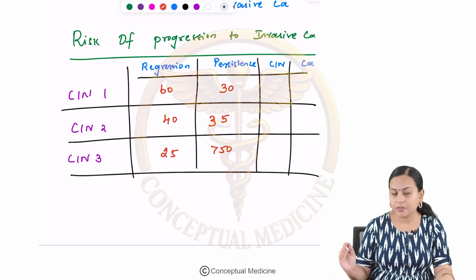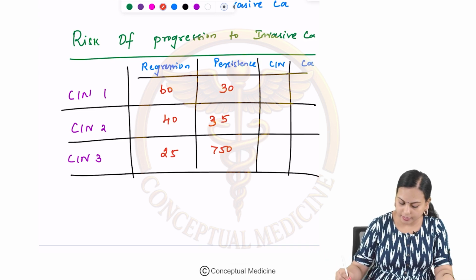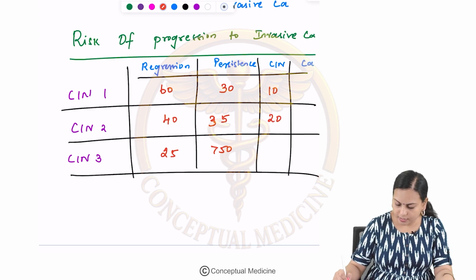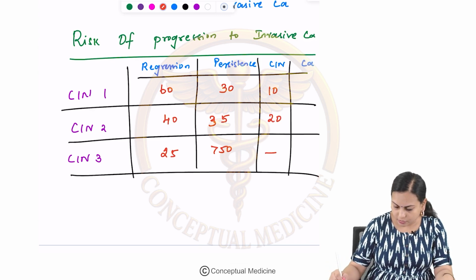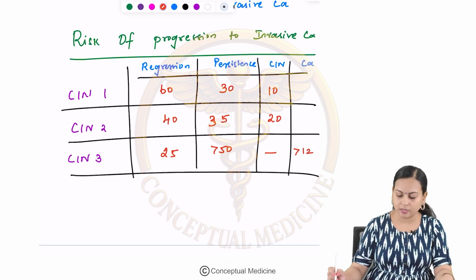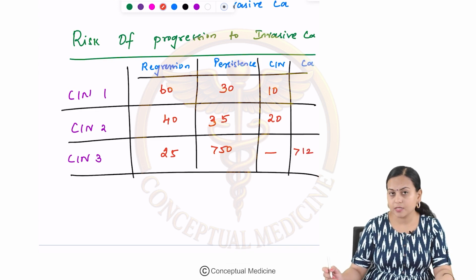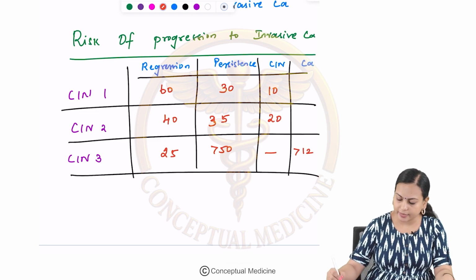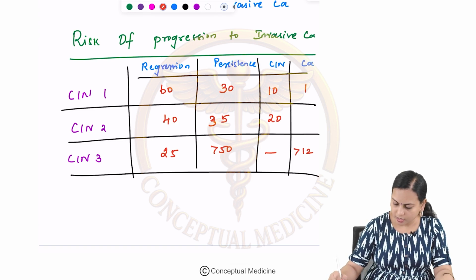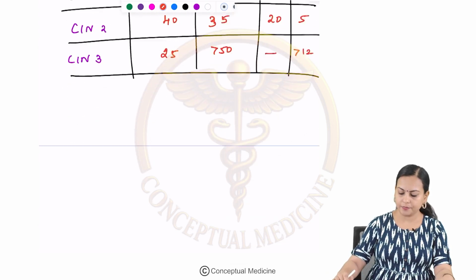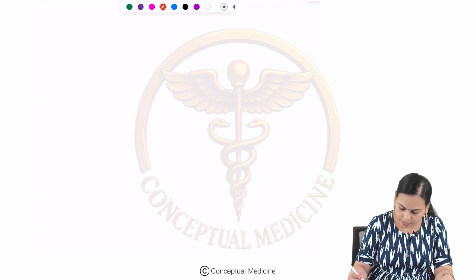And the conversion into carcinoma in situ is 10% risk, 20% risk. In CIN3 it is no risk because it will directly progress into CA cervix, that is more than 12% chance of conversion into CA cervix directly, whereas the risk for CIN1 and 2 is very low, only 1% and 5%. Clear? Right.